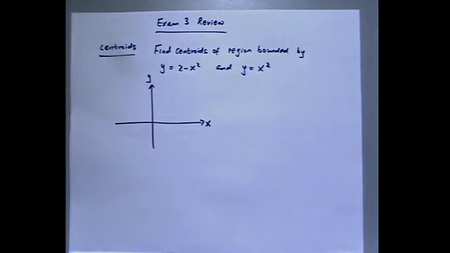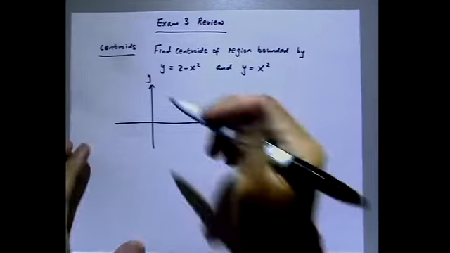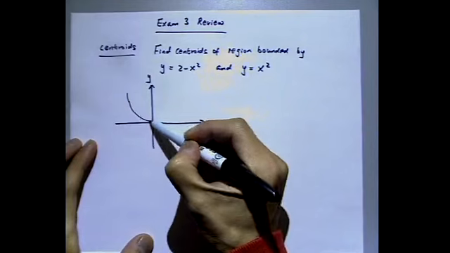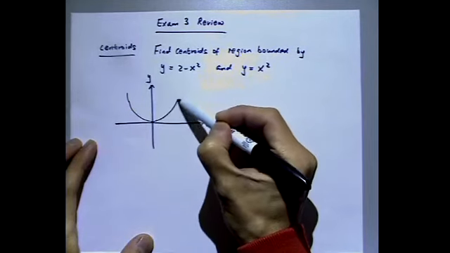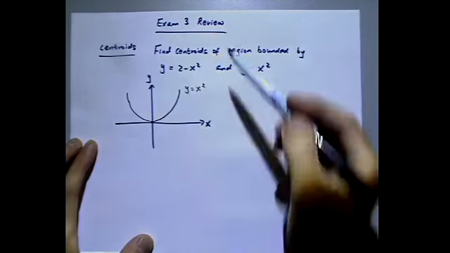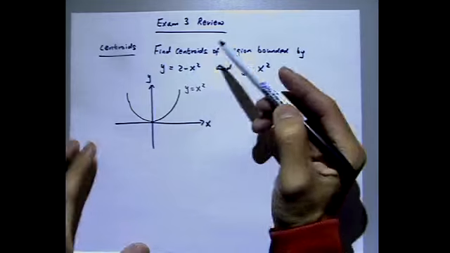All right, so let's sketch this. This one is easy to see. It's simply x squared, so a parabola with the vertex at the origin. The other one is an upside-down parabola with the vertex at 2.